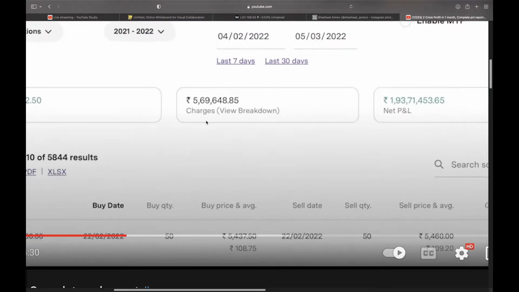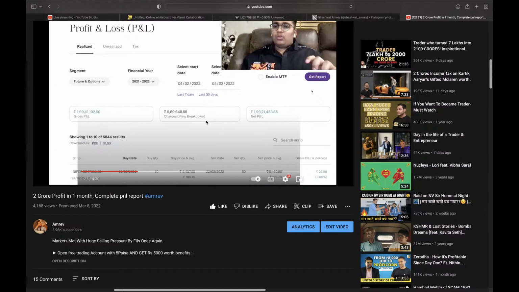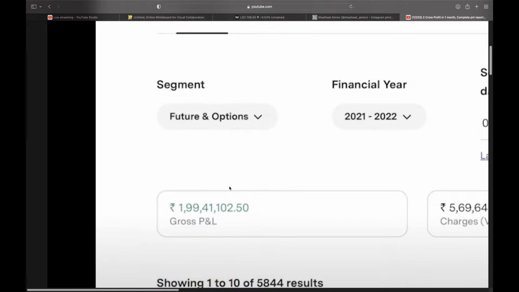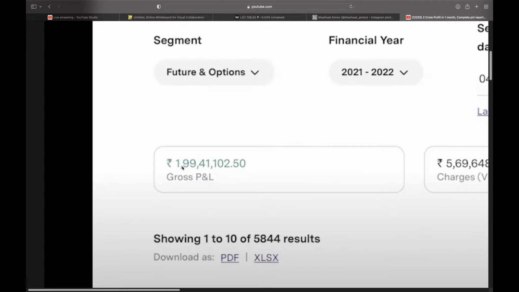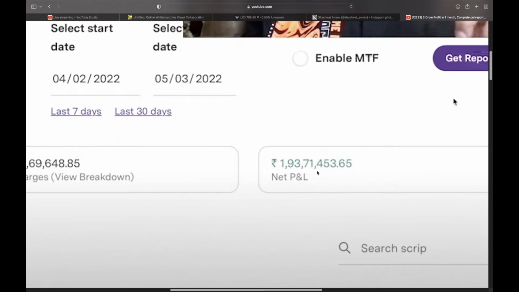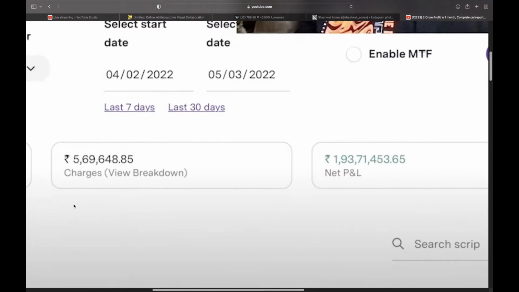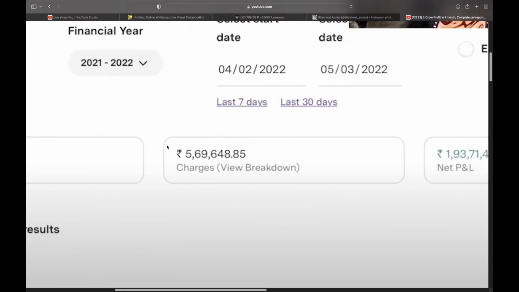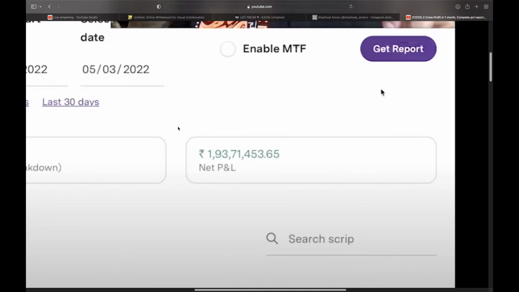So 5.69 lakhs I burnt to make 2 crores. I made a net profit of not even 2 crores, 1.93. If these charges were not there, I could have been at 2 crores, but I made only 1.93 crores.